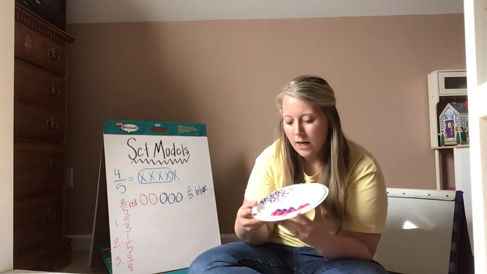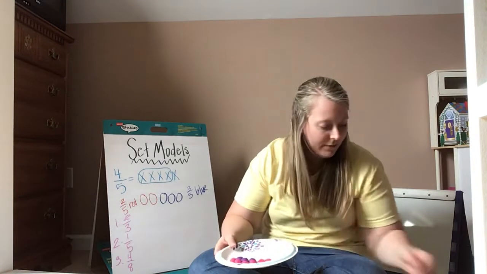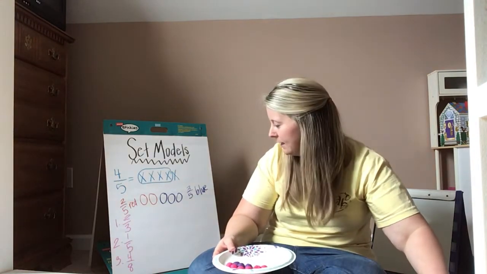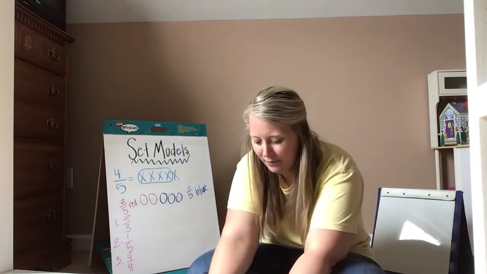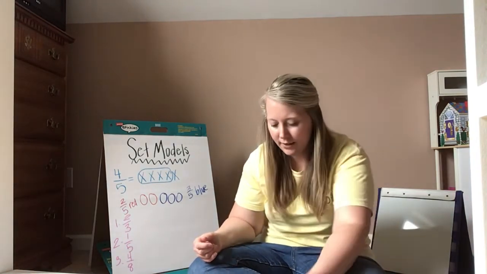Okay. So I'm actually going to use these now that you've had time to work on these yourself, and I'm going to try to represent these with the circles that I've created to kind of help you check your answers.